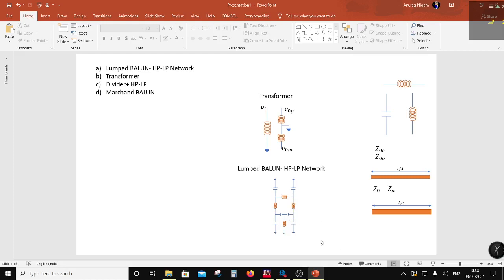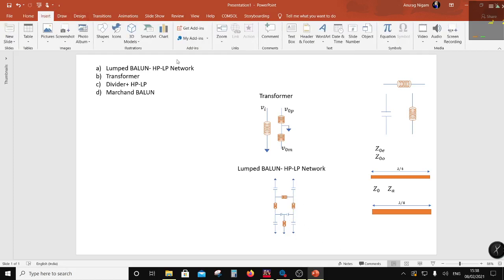So if I have an input port over here, P1, I give an input over here, and one path would be a phase lead, which will be a high pass network here, and then there is a lag, which is a low pass network here.